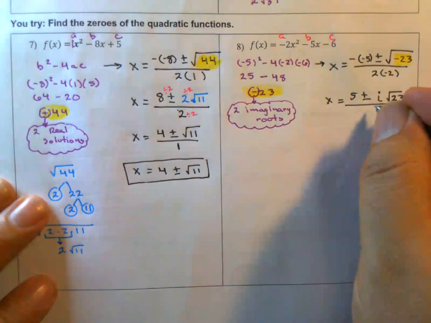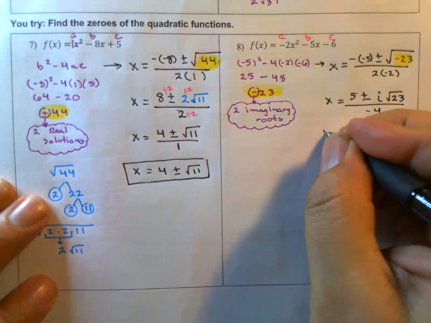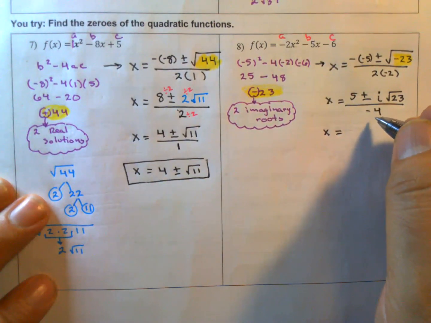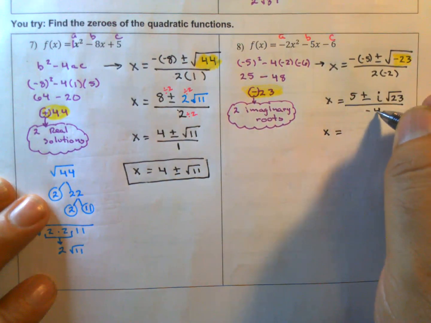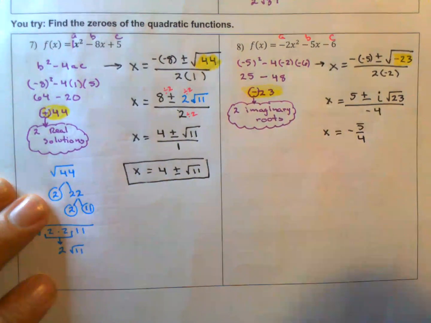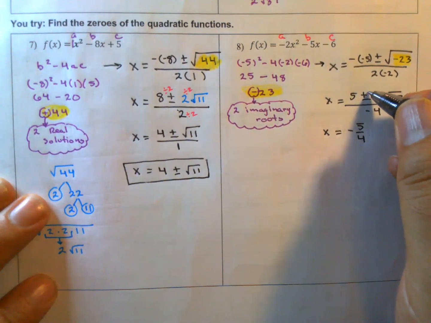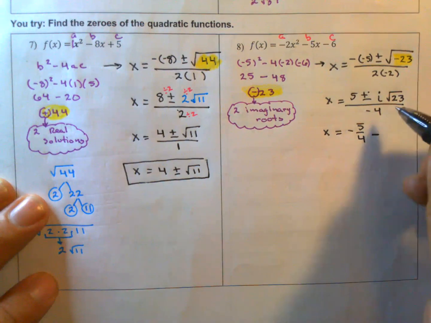The bottom, though, 2 times -2 is -4. So this is the only time you just have to watch out. We should distribute that negative or divide by that negative, right? We do have an imaginary value. So 5 divided by a -4 is -5 over 4. Now, look at what happens with the plus or minus. The positive first. A positive divided by a negative is negative, but then look at the other one.